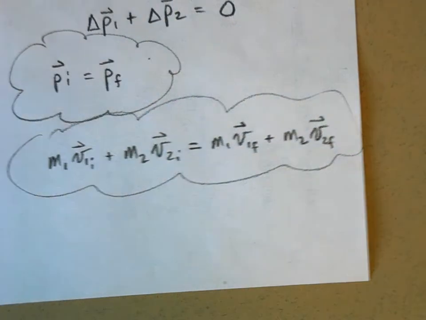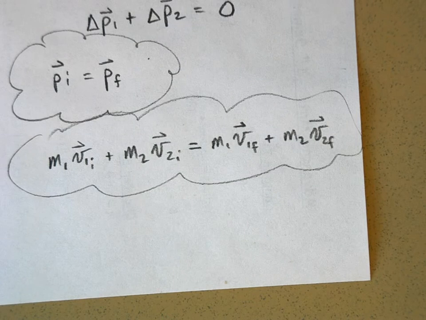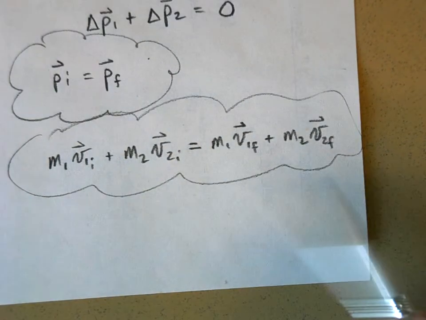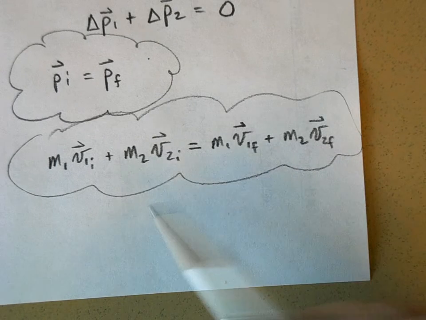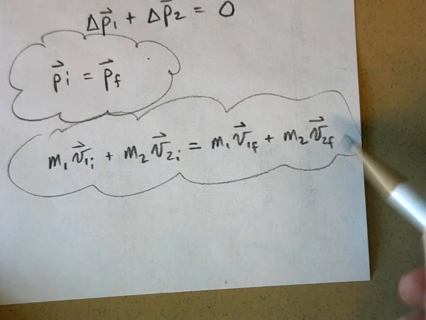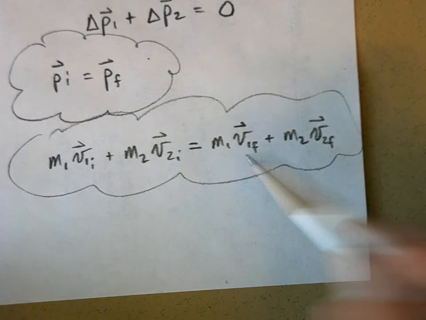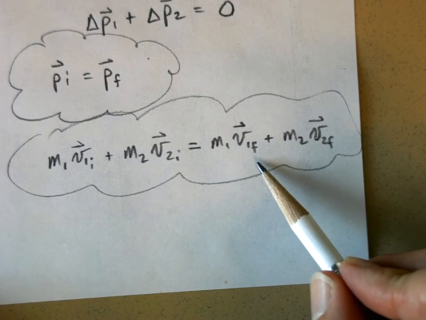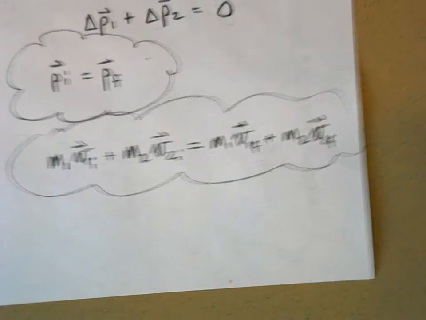And virtually all the problems we're going to do in here are going to be two-particle collisions. And this is the equation where you start. And look at it. If you know the masses, you know the initial velocities, maybe you know one of the final velocities. I mean, you have to be given enough stuff to solve the problem. Then you can solve for whatever unknown there is.